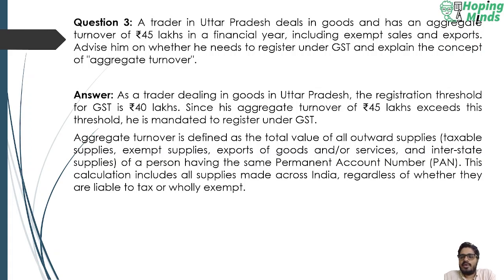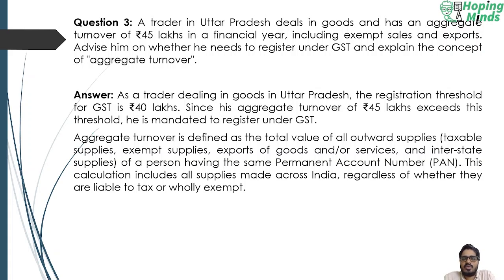So in order to determine the aggregate turnover threshold, we have to include all the supplies, that is taxable supplies, exempt supplies, exports of goods or services, along with interstate and intrastate supplies of a person having the same permanent account number, that is PAN.